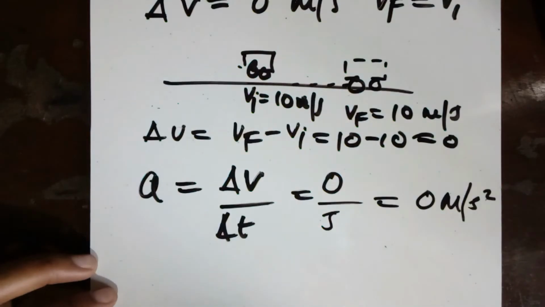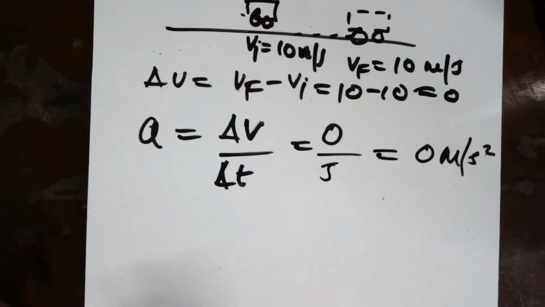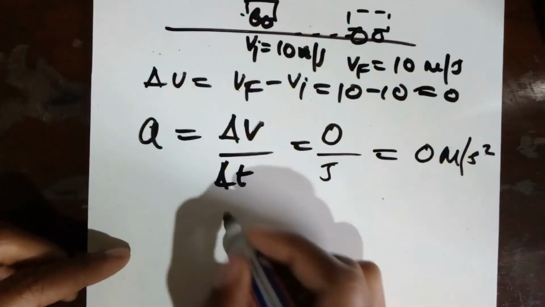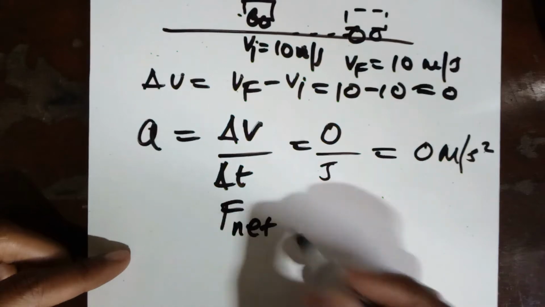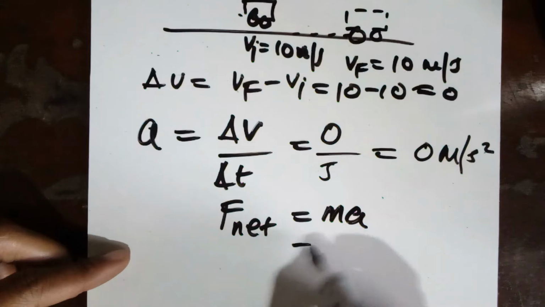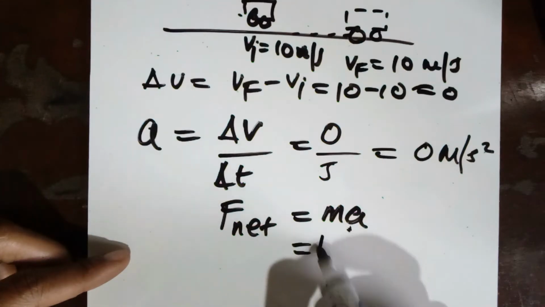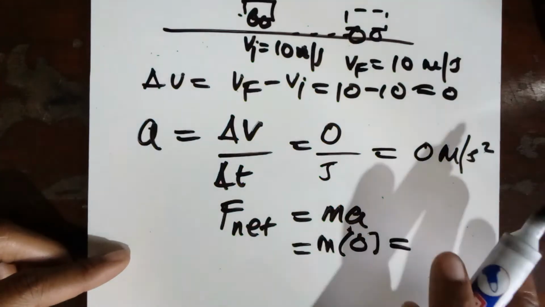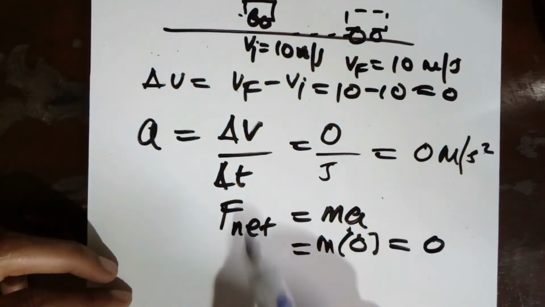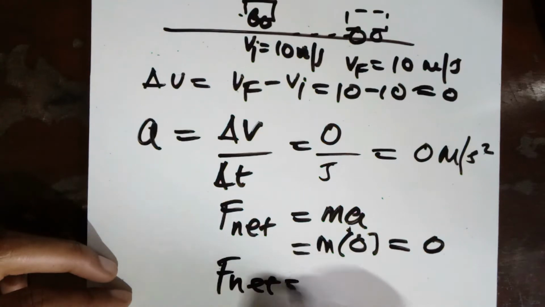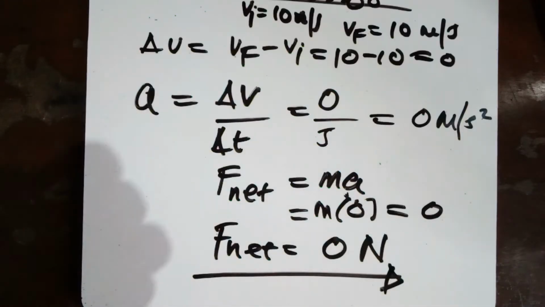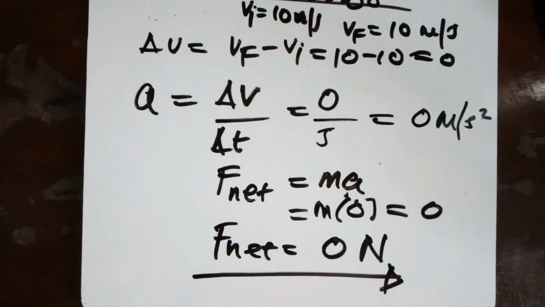If we go a little bit further, we haven't talked about Newton's second law, but we know that Newton's second law says that the product of mass and acceleration will give us the net force. So if acceleration is 0, the entire right hand side would be equal to 0. This means that F net will be 0, so there would not be any resultant force acting upon that object.